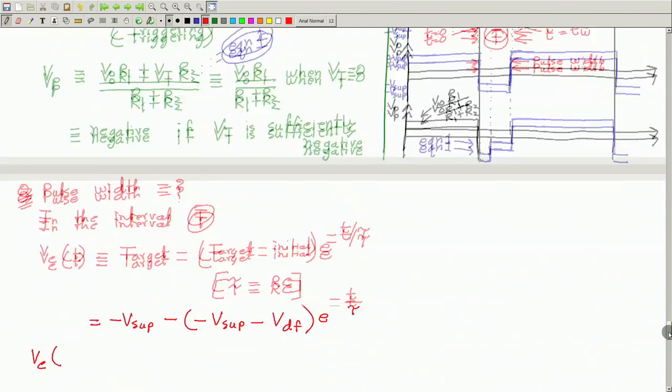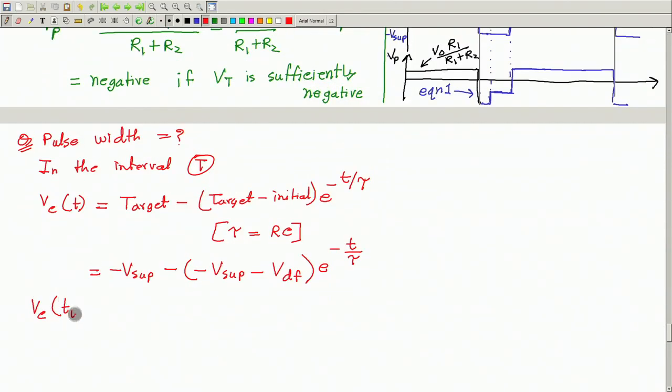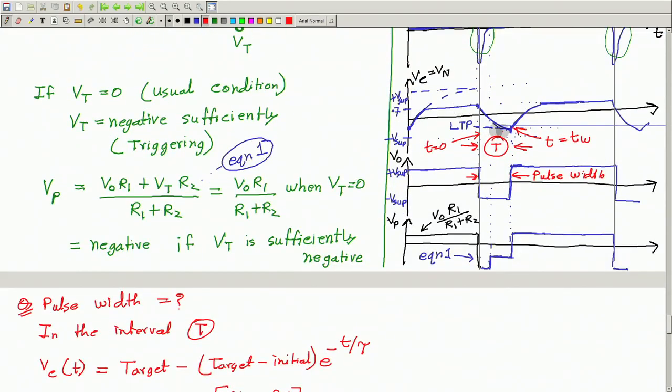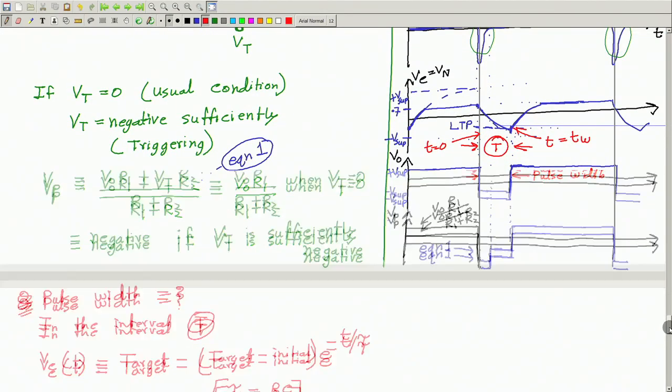So, Vc at Tw is minus V supply minus (minus V supply minus VDF) e to the power minus Tw by tau, and we know the value here is equal to LTP, the lower trigger point, after this pulse width Tw.